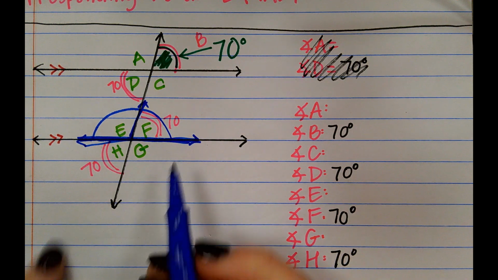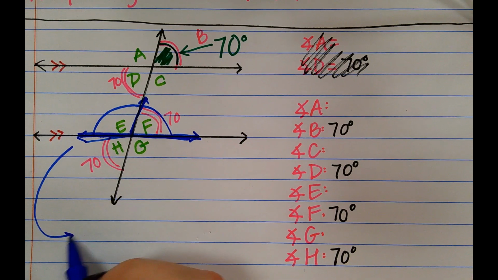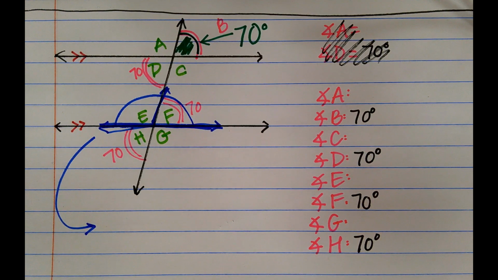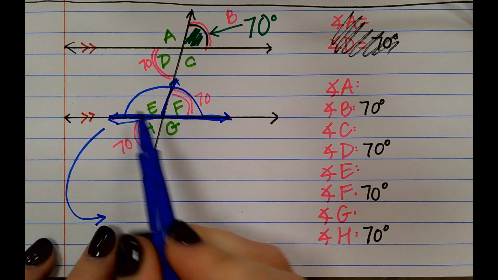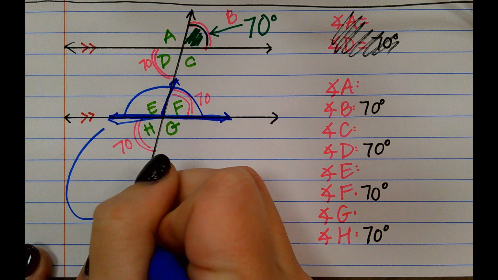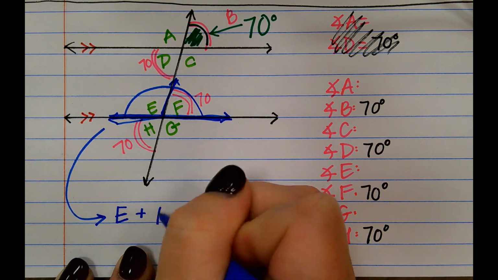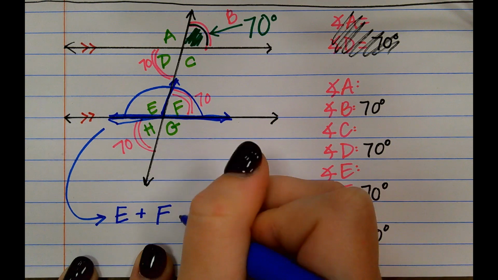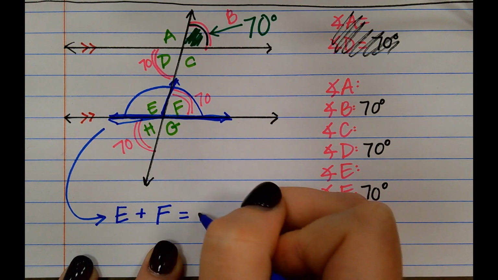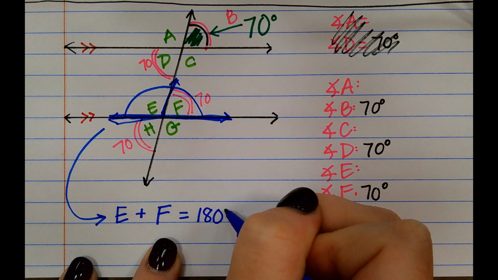So let's write a formula down here at the bottom, or not a formula, an equation. Angle E plus angle F equals 180 degrees.